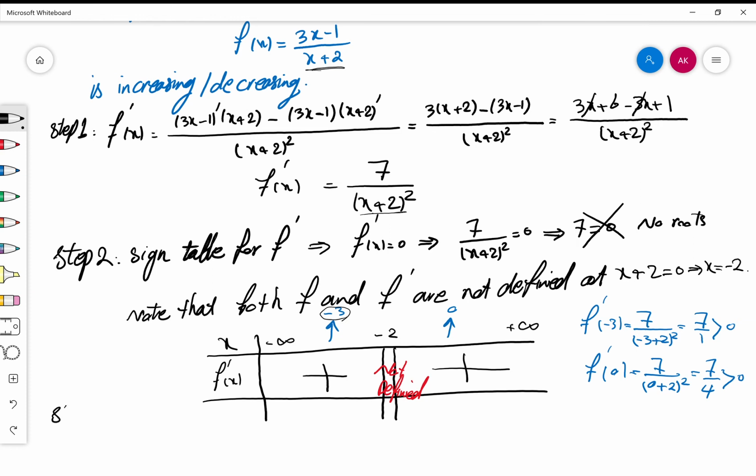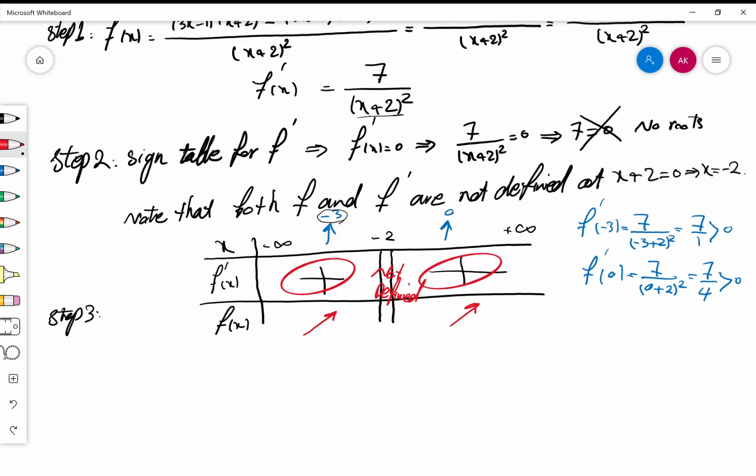That's step 2, but step 3 is just to use f prime to determine where the function is increasing and where it is decreasing. If f prime is positive, which is the case here, then the function is increasing. It only happens this way.